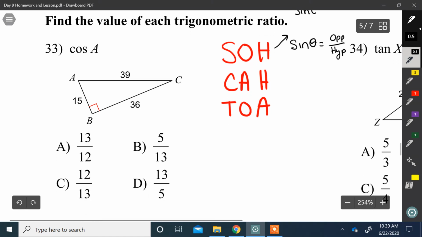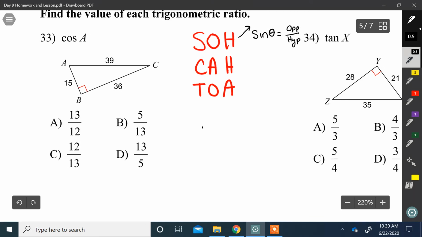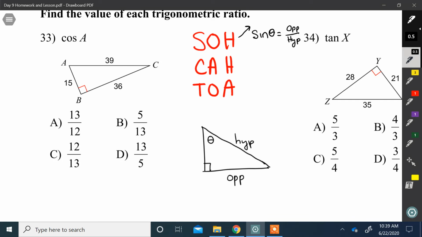Okay, so if you take a look at a right triangle, if this is theta, the opposite will be this right here, the opposite of theta, and the hypotenuse is always the one that is facing the right angle. Okay, so that's all that you see in there.